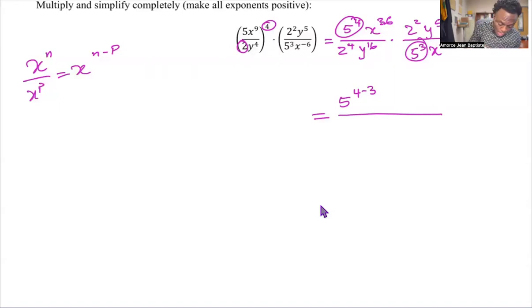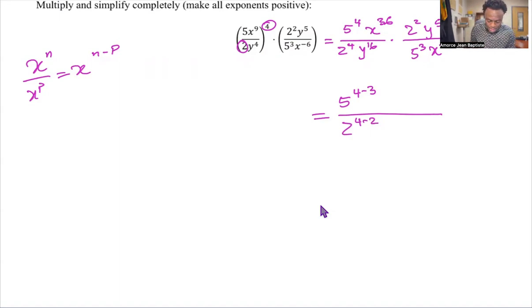For exponents 4 and 3, 4 is bigger, so I keep it wherever the 4 was. And for 4 and 2, the 4 is in the denominator, so I write the result in the denominator. Hopefully you understand this. So that's 2 exponent 4 minus 2.